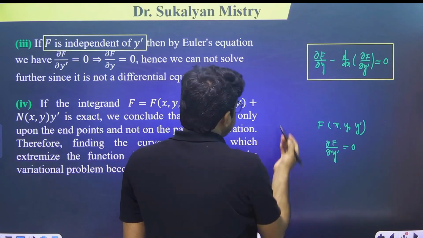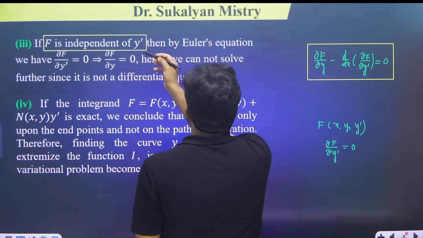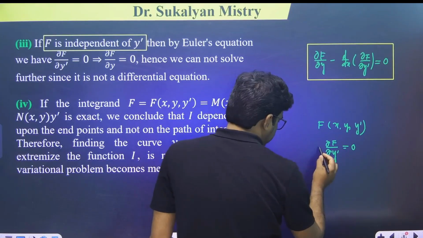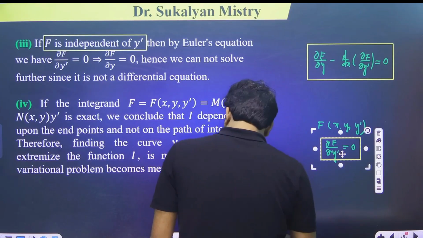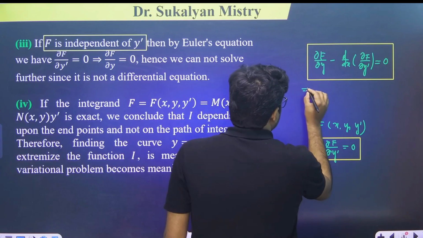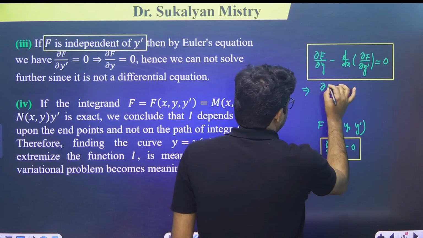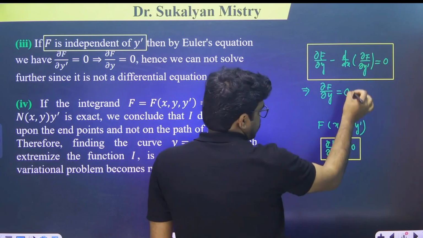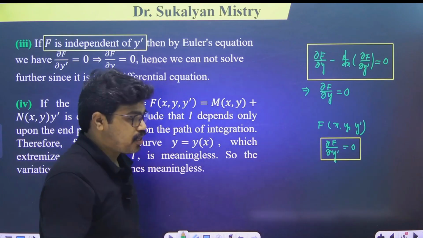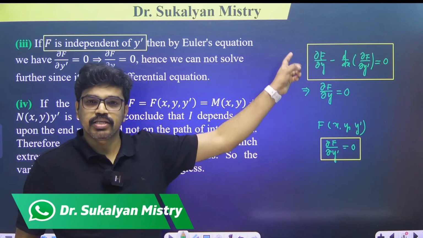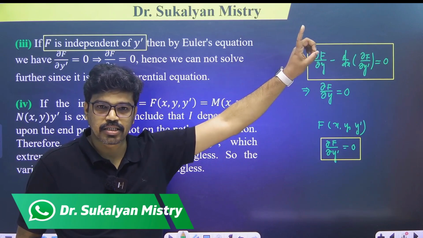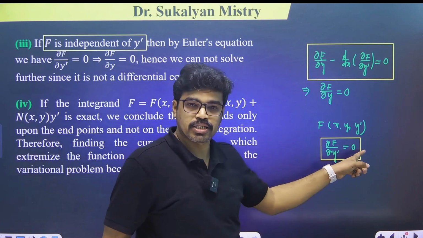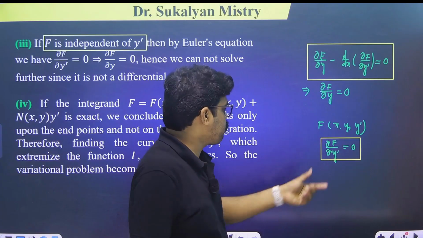So if f is independent of y', then ∂f/∂y' is equal to 0.